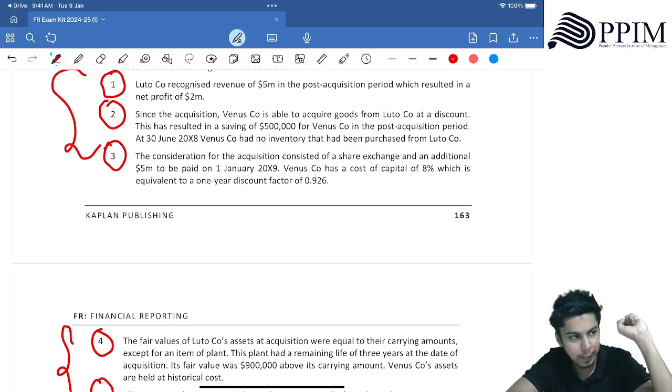Just think and see what will happen to the profit. Does it affect the profit by any chance? That's it. Okay.